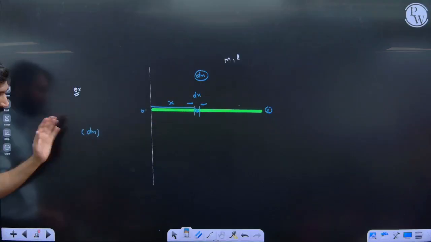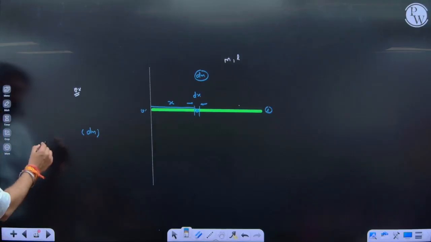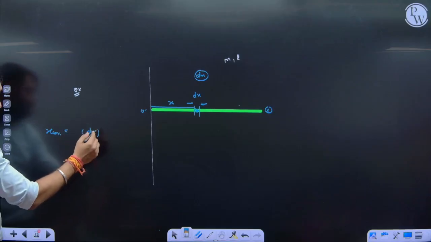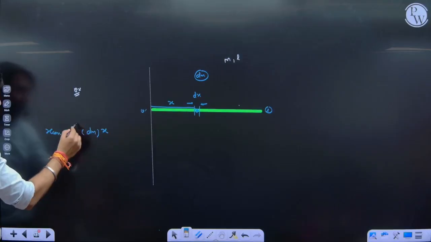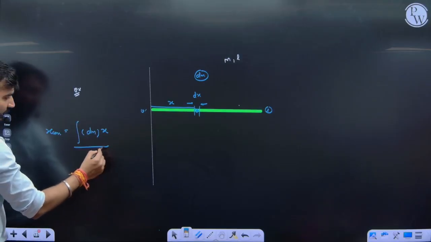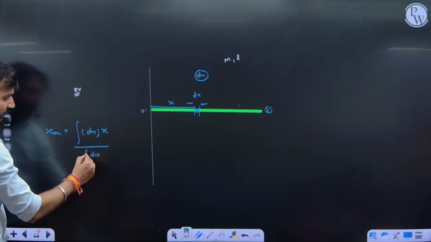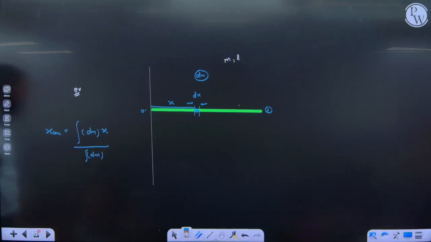So the x coordinate of center of mass is integration of small mass dm into its position x, divided by total mass. Correct or not?